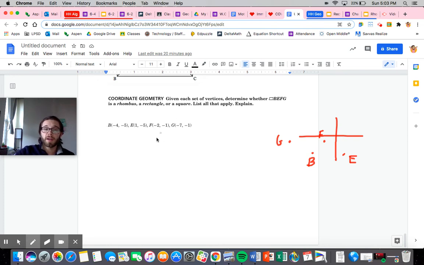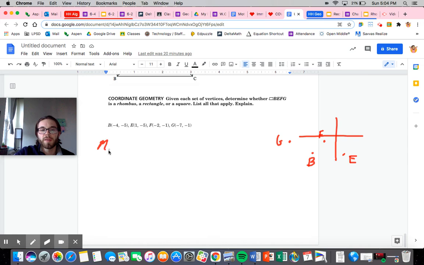So let's figure out if it's a rectangle. Based on this diagram that I just quickly drew, I don't think so, but let's figure it out. How would I figure out something's a rectangle? I need a right angle. How do I know if something's a right angle? Perpendicular. So let's look at the sides.